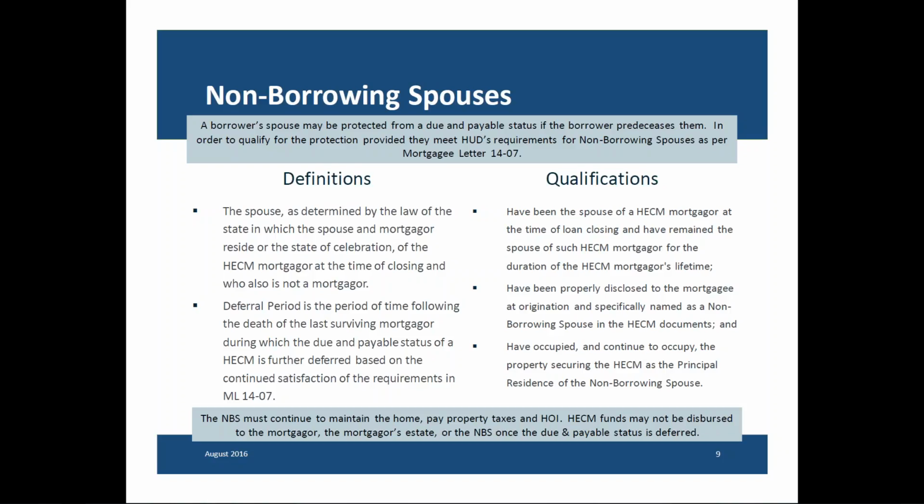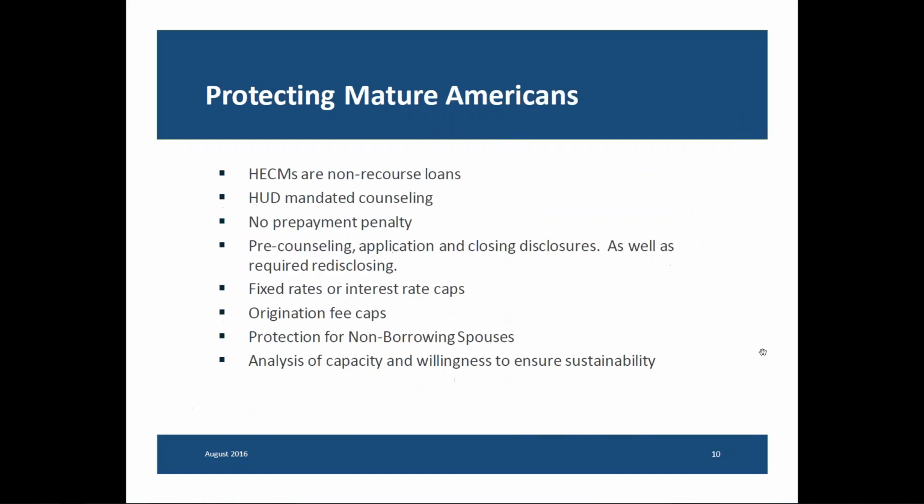Now, basically they can stay in the home for the rest of their life, but have to maintain it and pay taxes and insurance on the property. So that's how the non-borrowing spouses have been protected.